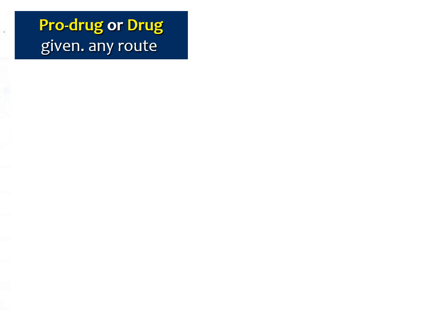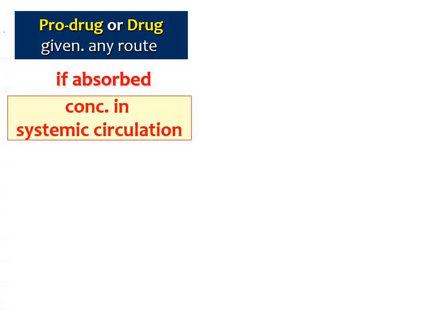Let us have a diagrammatic explanation of the definition of pharmacology we have already studied. When any drug or product is given through any route, and we will go through the different routes of administration, through the mouth or through injection or anyhow, if this drug or product is absorbed, meaning it enters into the blood, gradually the concentration in the systemic circulation starts rising and reaches some specific level.